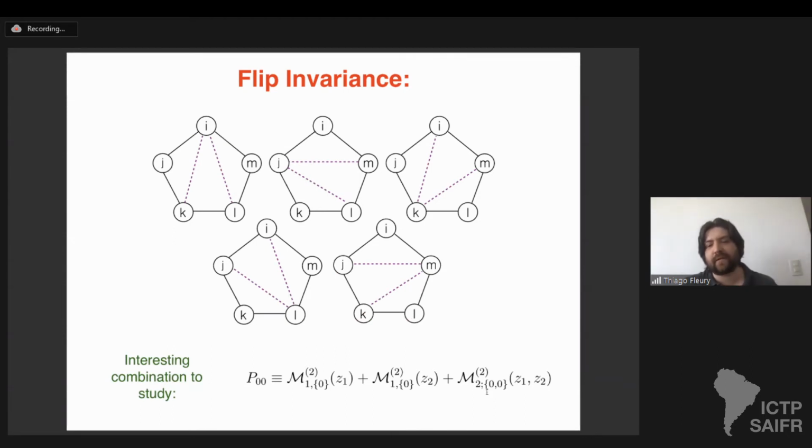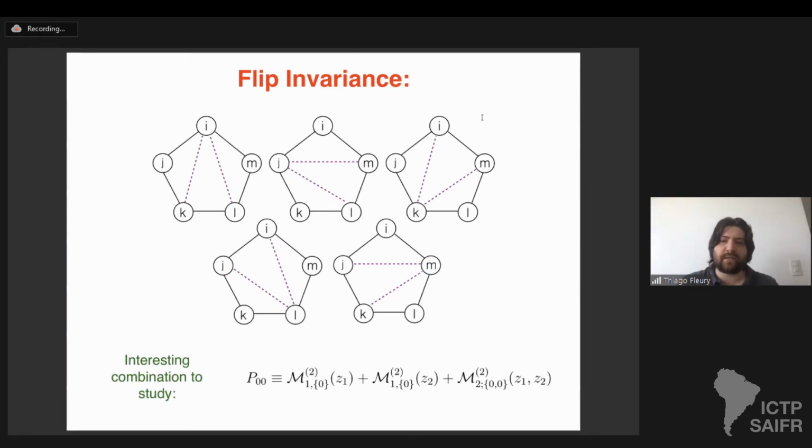So okay, I will move to the last component. The last thing that we need is this bridge length 0 particle. So there is a much more interesting combination to study. Basically, there is this combination of one particle and two particle. It's nice to study this combination because it has this very powerful flip invariance. Basically, the result of this computation is invariant under the different ways you cut this object.